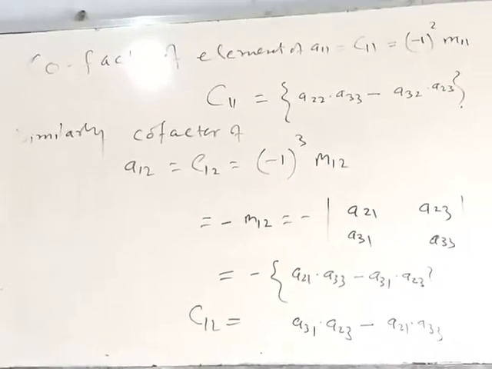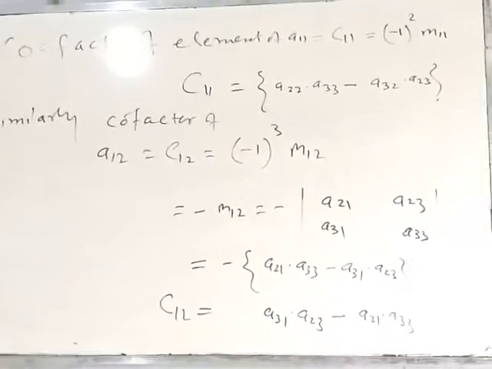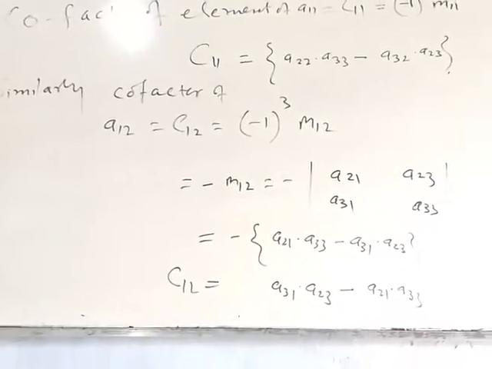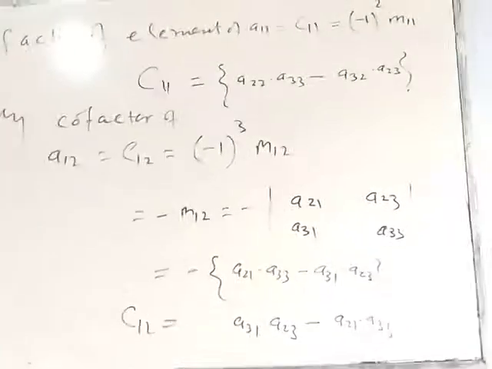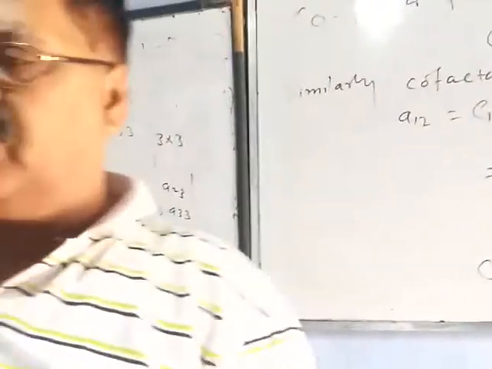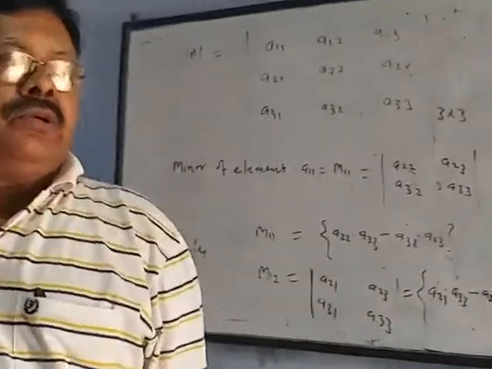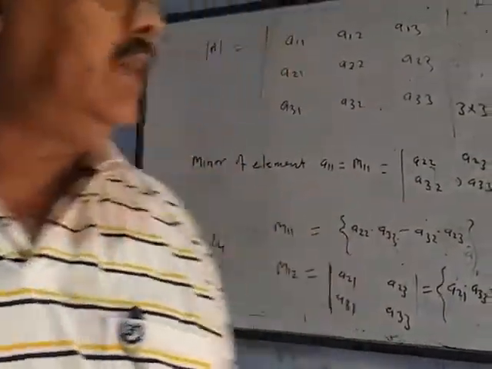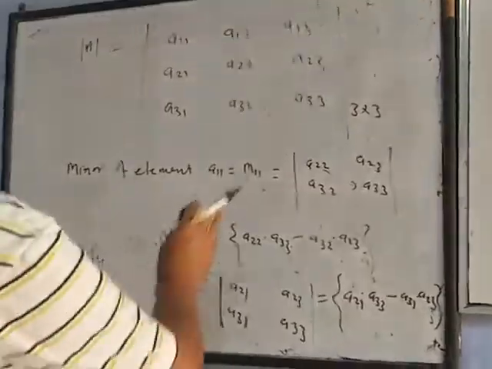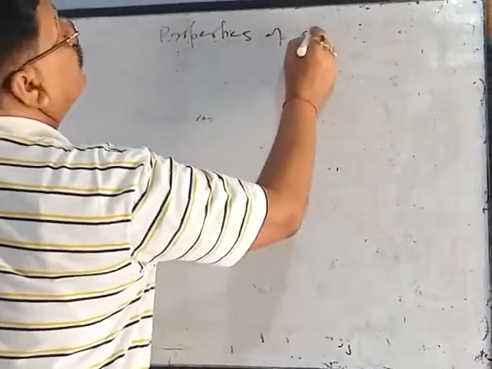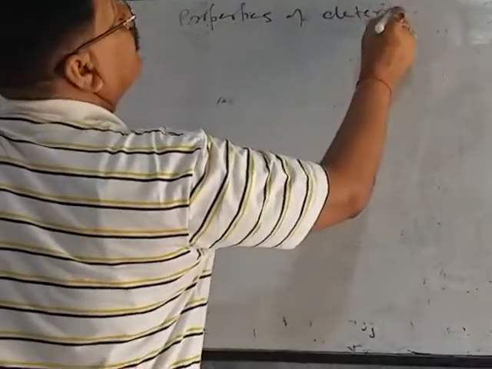Now we have to study properties of determinants. These properties will be helpful in solving problems of determinants. So one by one I am going to discuss the properties of determinants.